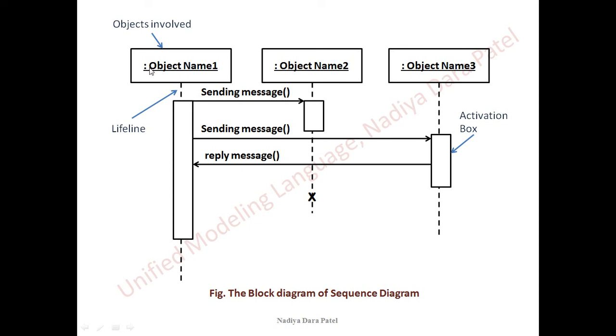Start writing your objects first, make grouping or collection of those objects, then find which objects are interacting, then you'll find a good sequence of objects and a good sequence of messages. Do not forget to write colon before writing object name and underline your object.